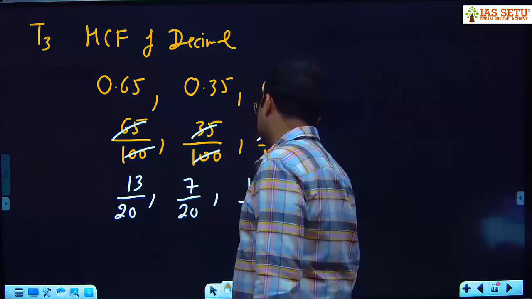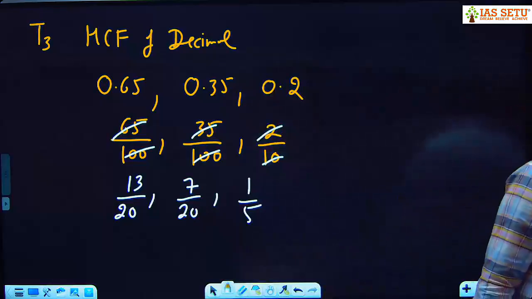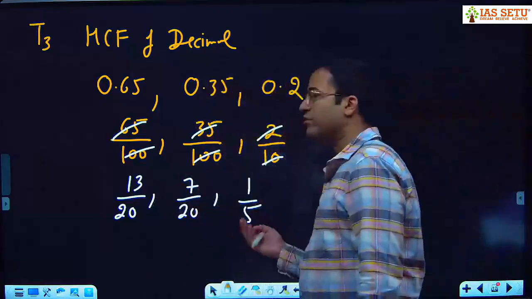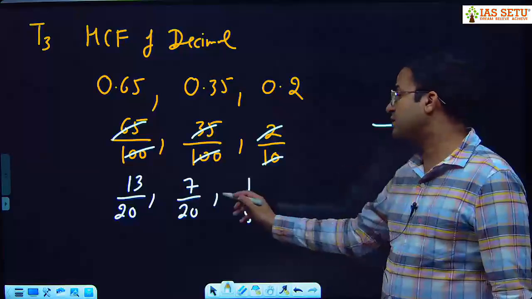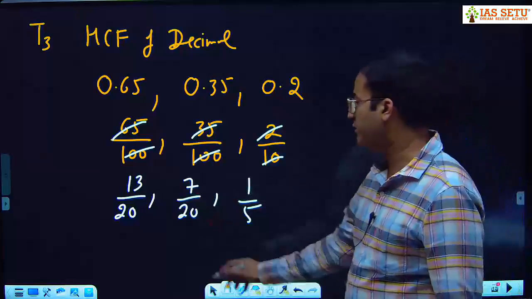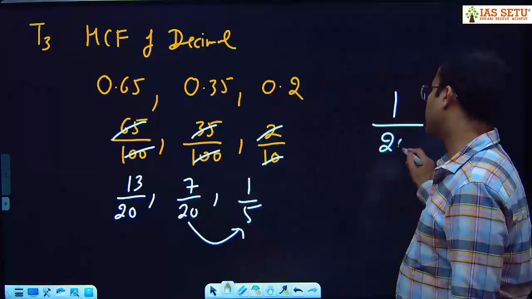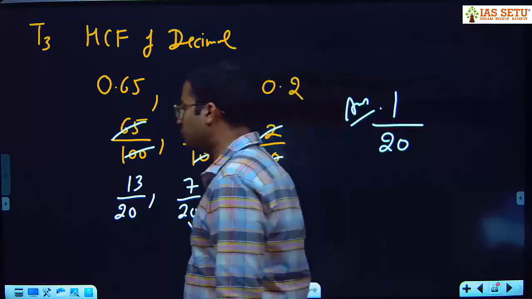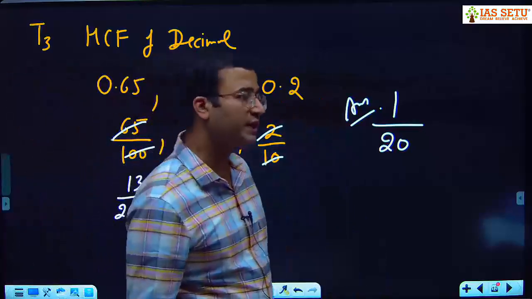This is 1 by 5. Fine. Then what is the HCF of 1, 7, 13? If out of the given numbers one number is 1, then the HCF has to be 1. What is the LCM of 5, 20, 20? If the larger number is a multiple of the remaining numbers, then it is 20. So your answer is 1 by 20. If the answer options are given in fractions, okay. If given in decimals, we have to convert it to decimal.